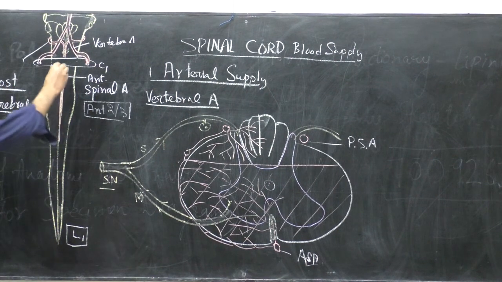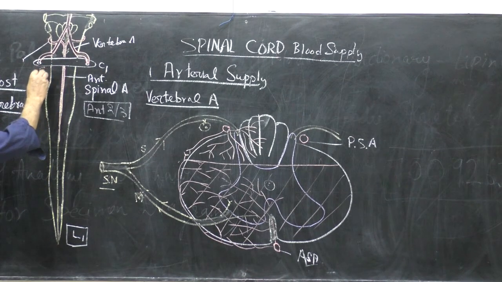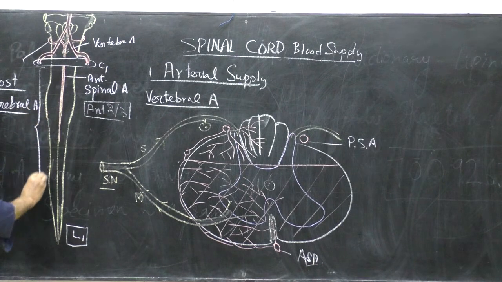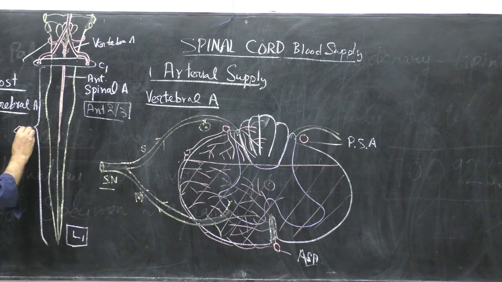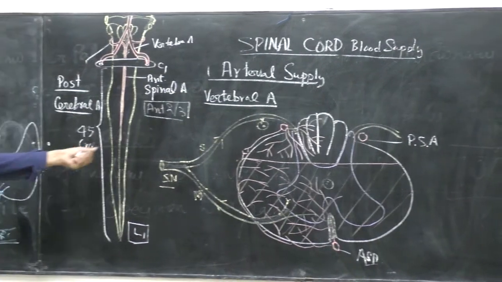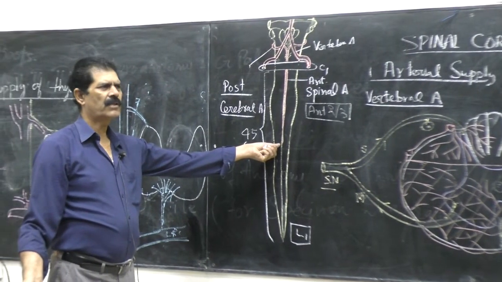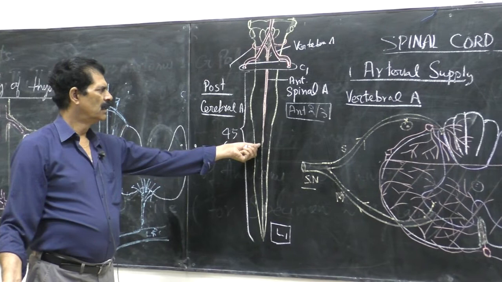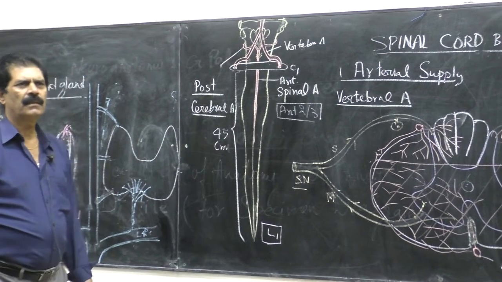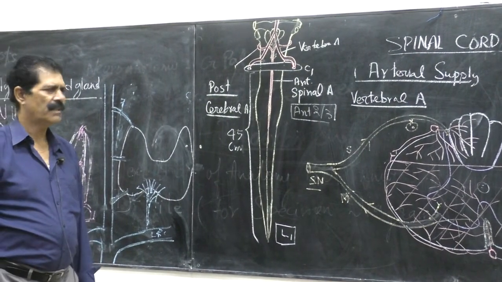But this anterior spinal artery is not very long, because we know the spinal cord is 45 centimeter long. As this anterior spinal artery goes down, its diameter diminishes. It becomes smaller and smaller, and at the lower thoracic level, it becomes almost very, very thin.